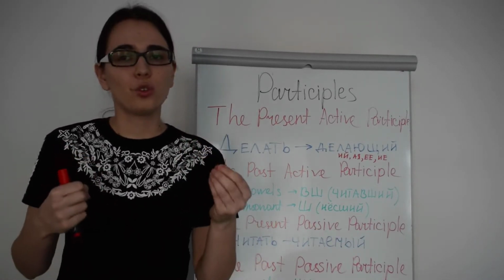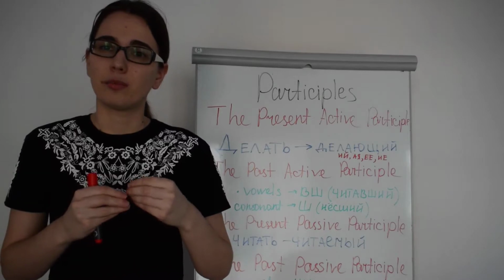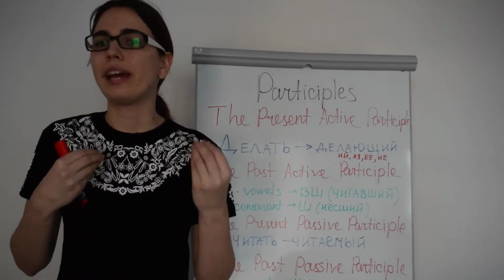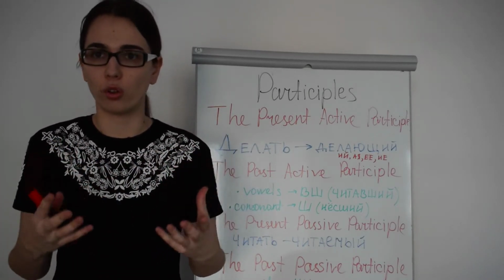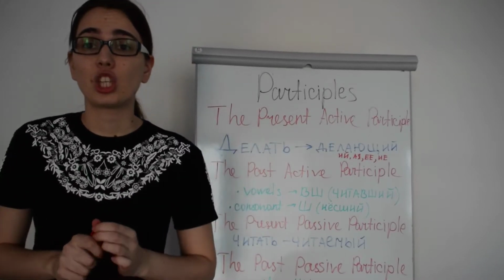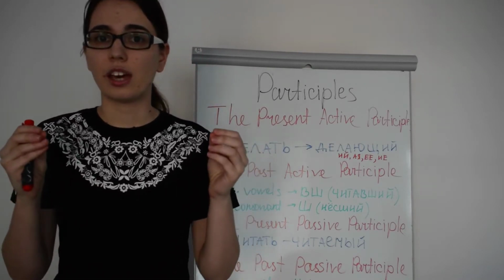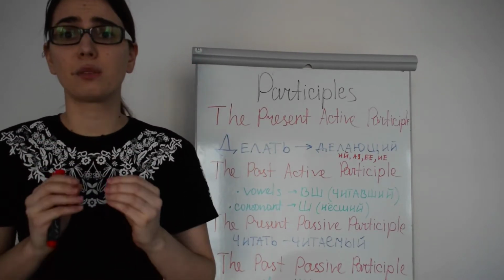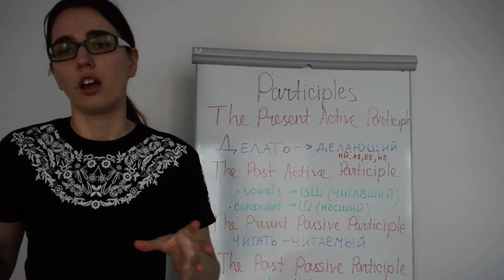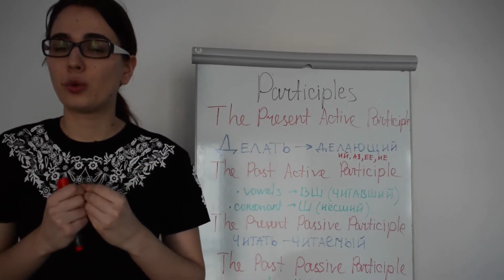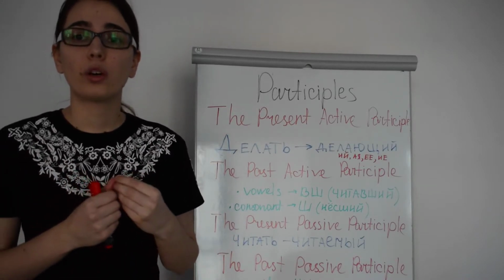So I'll give you just some examples and some ways of forming some of these, because there are more. This one derives only from perfective verbs, because it refers to an action which already happened. So how to form it?